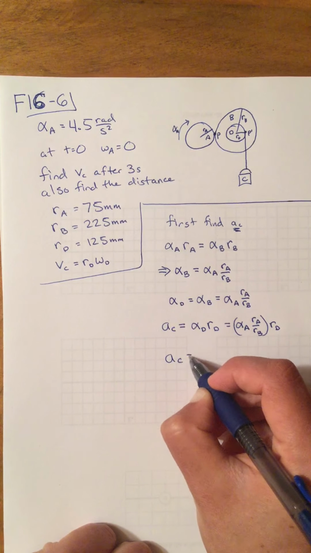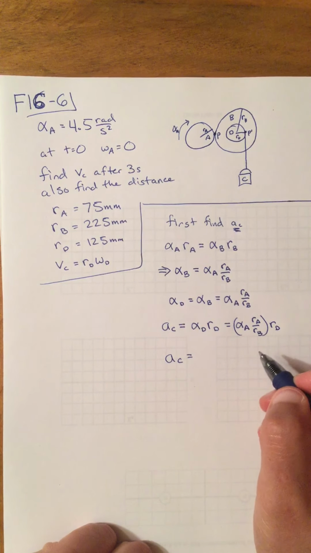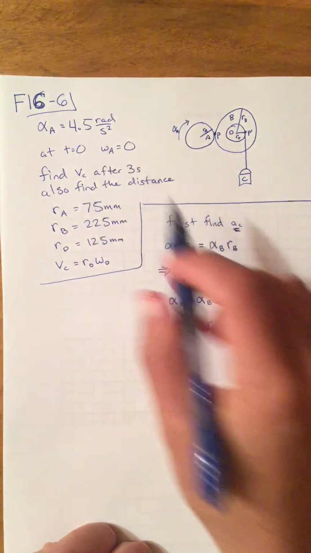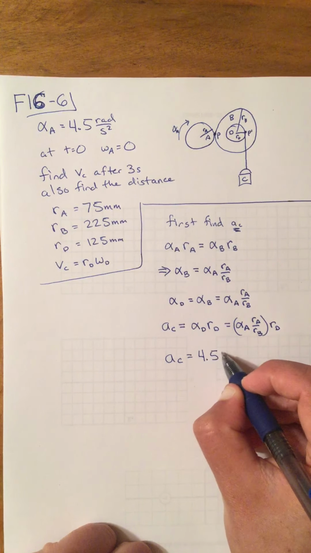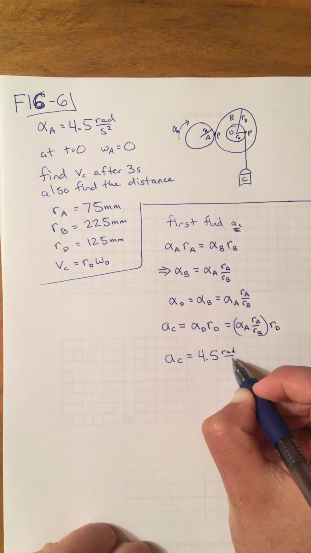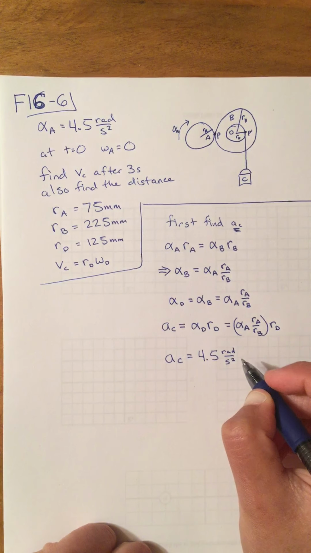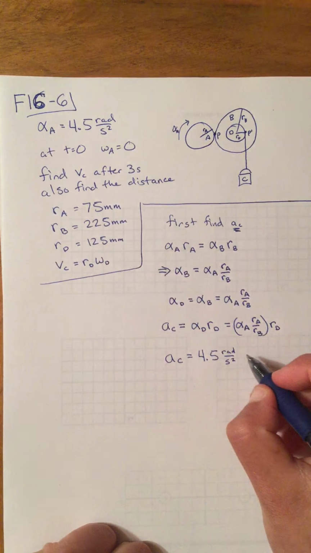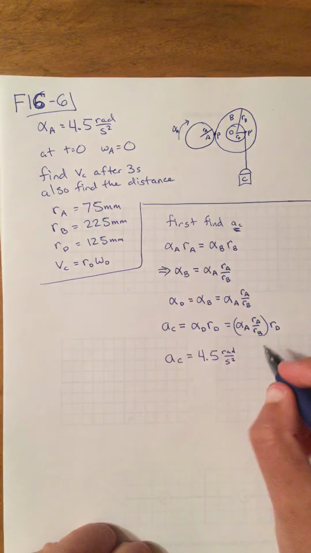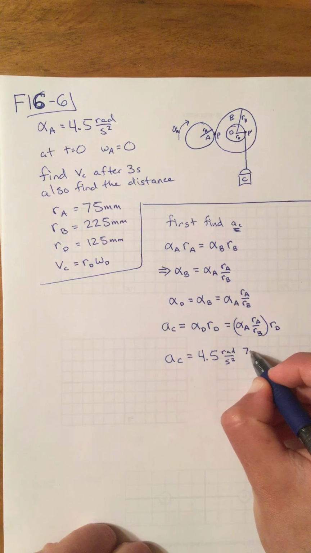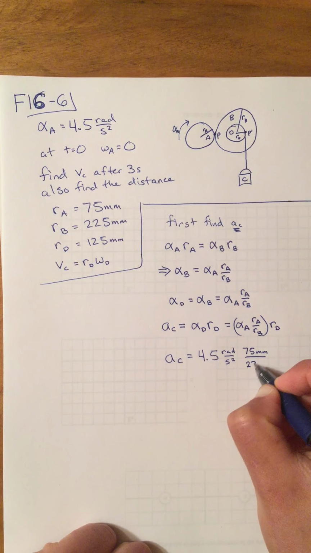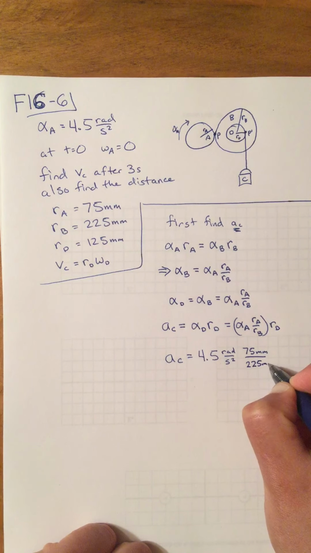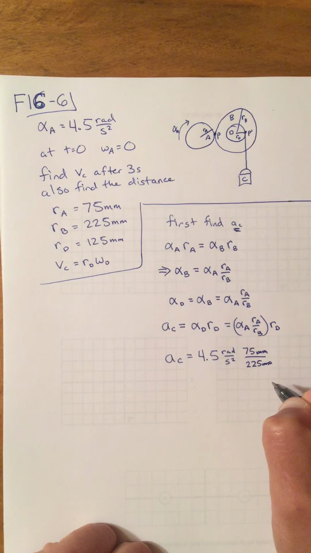So now, hopefully all of this was given to me. The angular acceleration of A is 4.5 radians per second squared. RA is 75 millimeters. RB is 225 millimeters, so this is 75 millimeters divided by 225 millimeters. Those units cancel out.